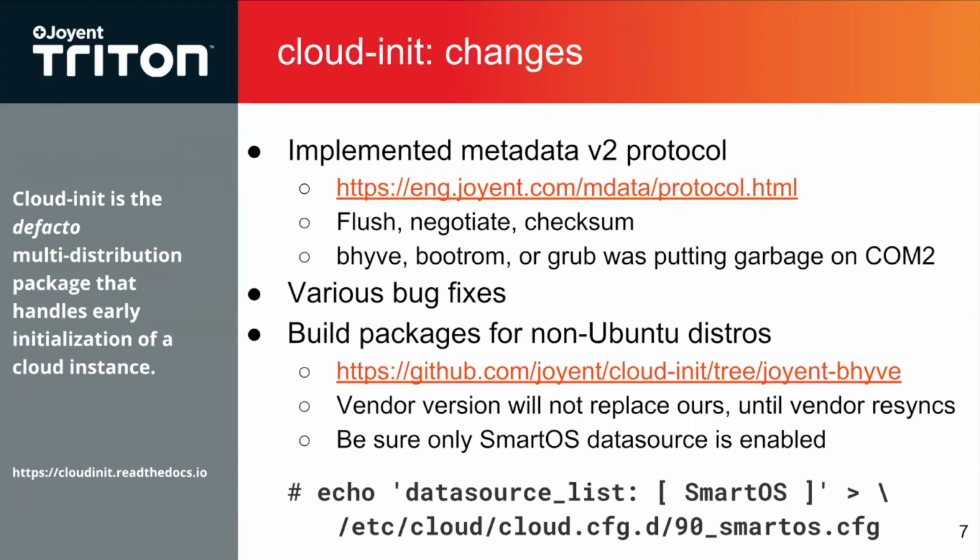So the /etc/cloud/cloud.cfg.d directory can take config files. They must end in .cfg, and they have various YAML configuration that can be used to influence the behavior of cloud-init. If you do not have this in there, it will go through all of the data sources that it knows about, and some of those do things like rely upon a link local address to be able to query information from a metadata service.